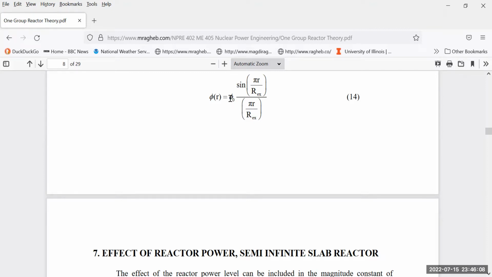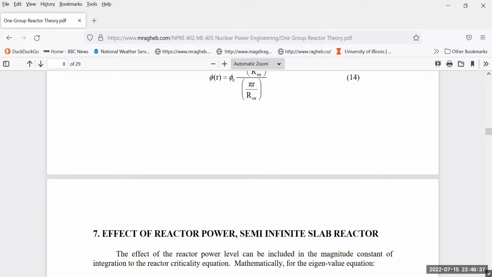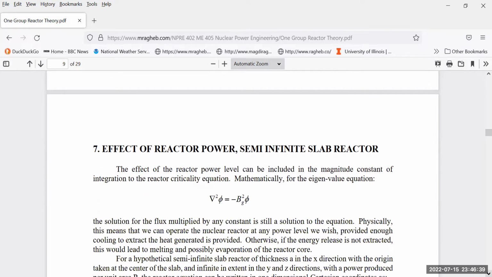When we took a non-multiplying medium, it had a term with e to the minus r over the diffusion length. So it was a negative exponential divided by 4 pi D r. The one of the r squared in the vacuum case was substituted by the diffusion coefficient in general.